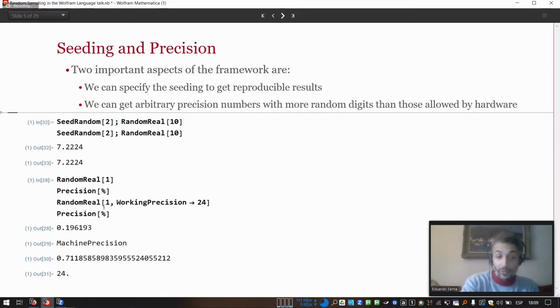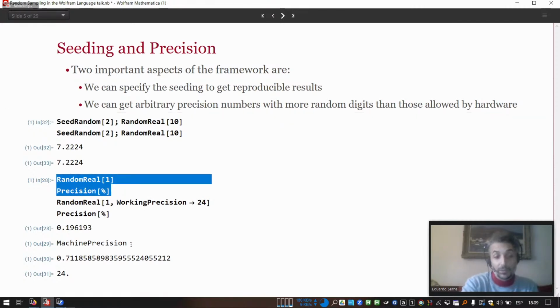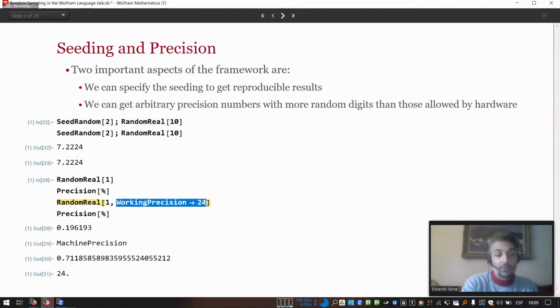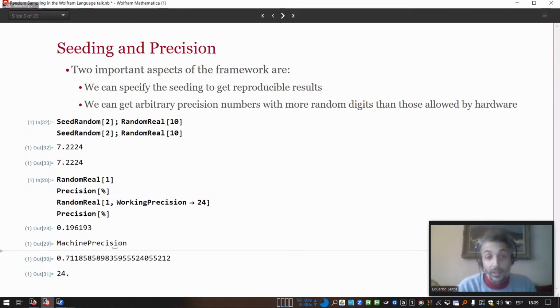Here I generate a random real at machine precision, which is about 16 decimal digits, but I can generate 24, and then we would be able to use these to compute at 24 digits. This is of course more expensive and slower, but it's sometimes needed, and it's very important to have the option.